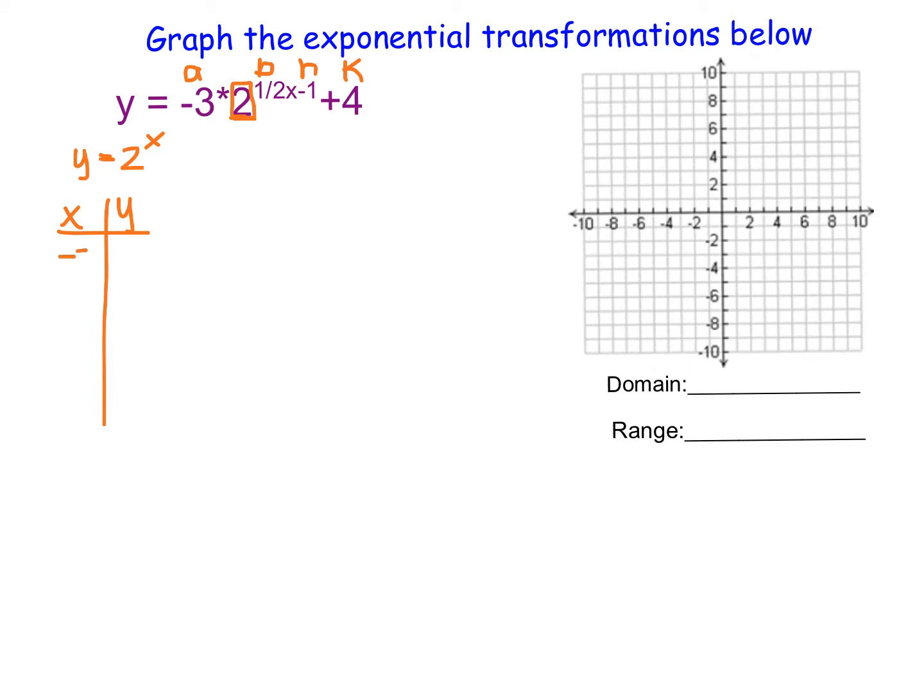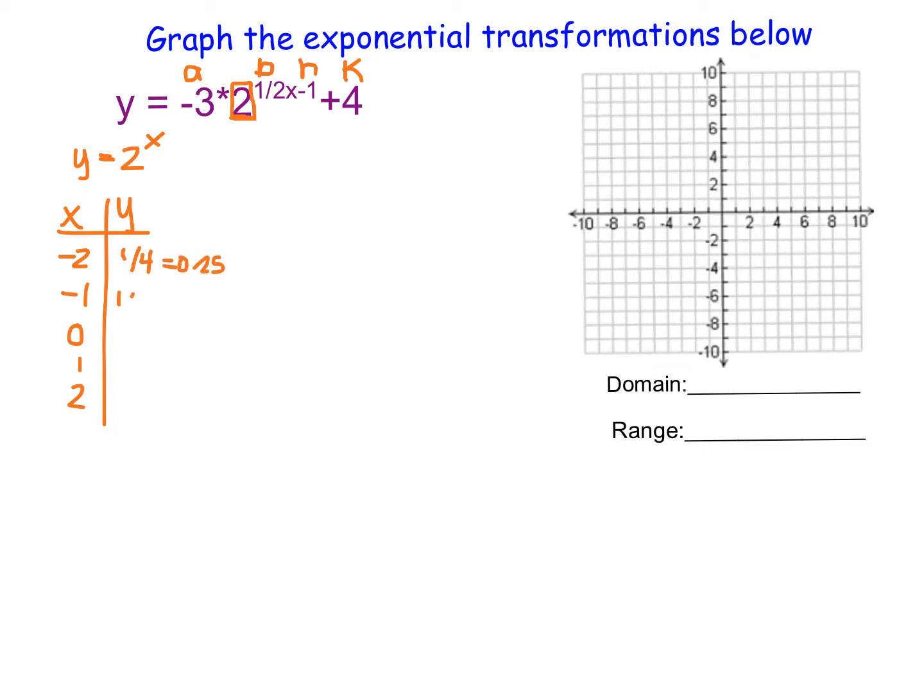So let's start with our -2, -1, 0, 1, and 2. You can use your calculator or you can use your exponent properties to find the y coordinates for these. If we plug in -2, we'll get a y value of 1/4 or 0.25, depending on which method you choose.